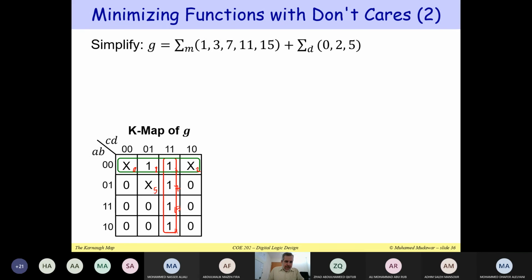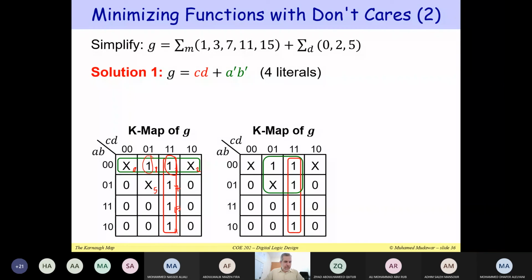We can cover 0, 1, 3, 2, like you said, but this is not essential. The essential one will be 3, 7, 15, 11, which is the red block. This is one solution. We can write the expression. This is solution number 1. But notice that 0, 1, 3, 2 covers this minterm here and this one. The other ones are don't cares.